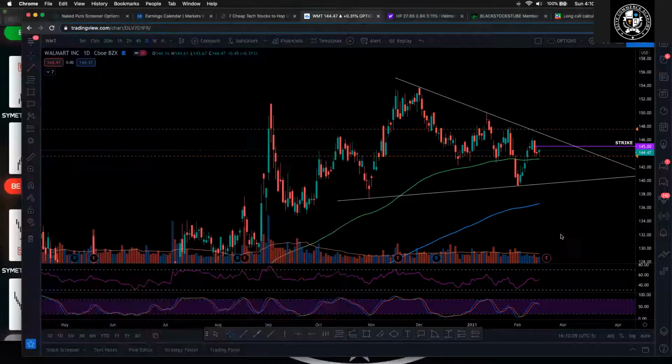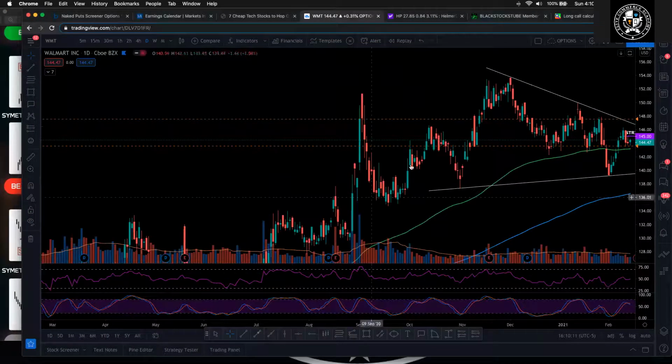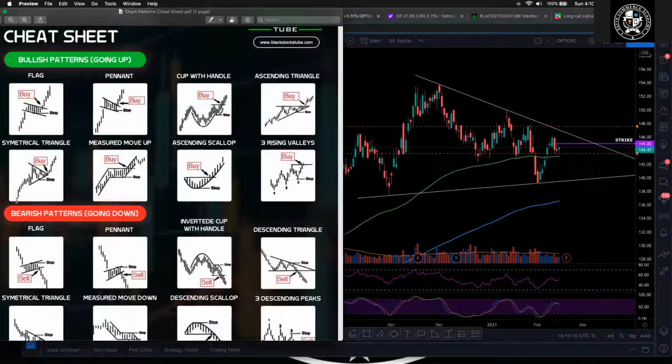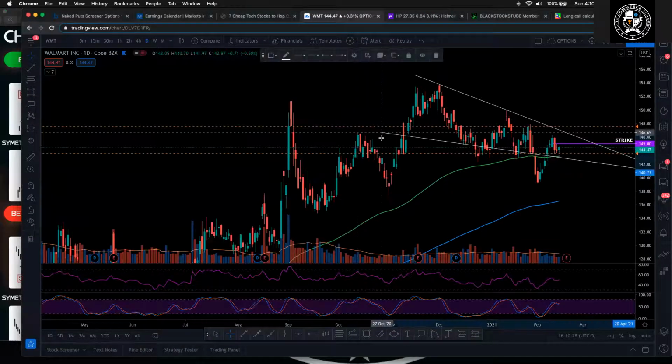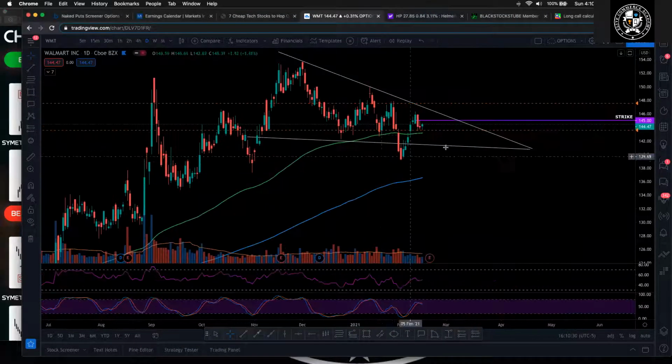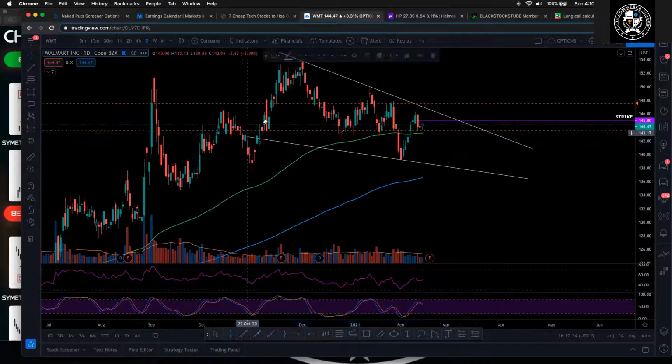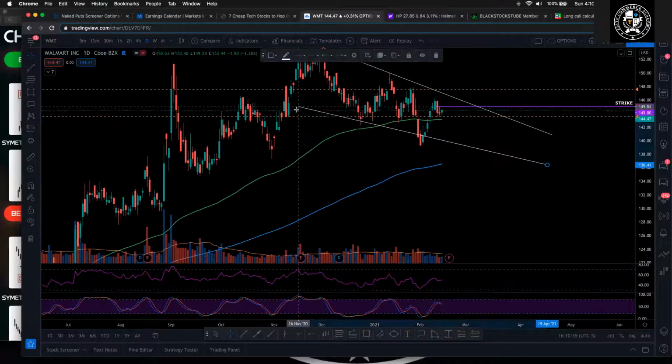The trend was up. All right, so obviously I'm in the bullish area. It could be a symmetrical triangle. You know, it could be an ascending triangle. It could be a pennant pointing down. If you wanted to come in and put your trend line here, because it's still accurate, all right?